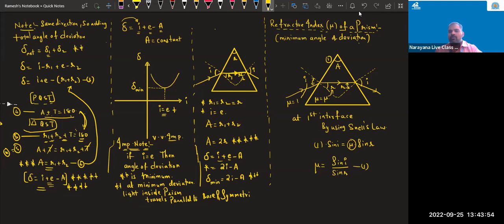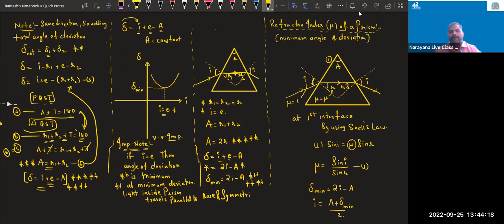We know some more conditions also. Yesterday I explained the minimum angle of deviation formula: 2i minus A, no? Yesterday I deduced this. Have you remembered this? You should remember it at your fingertips. So the value of i is the angle of incidence: A plus the minimum angle of deviation, divided by 2.